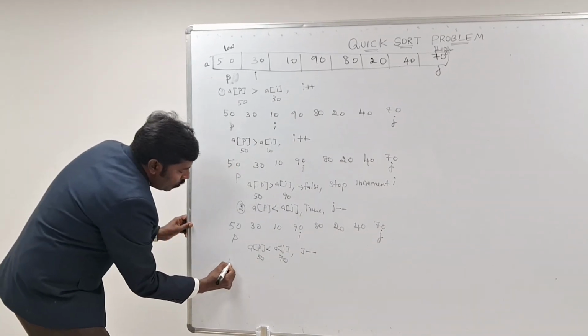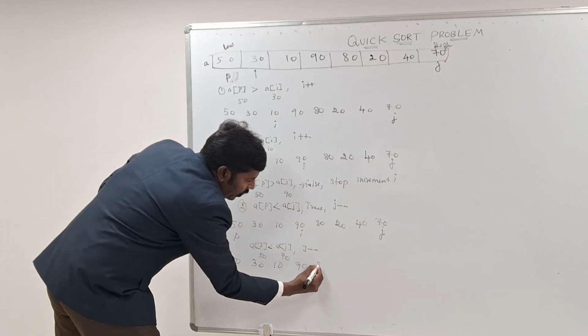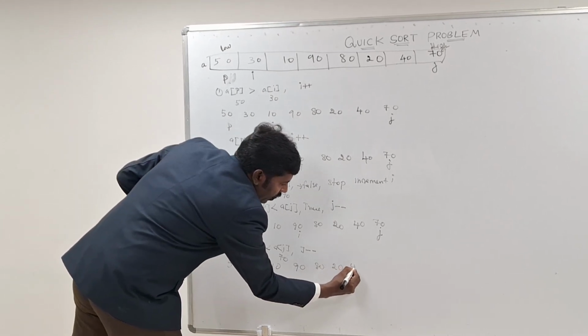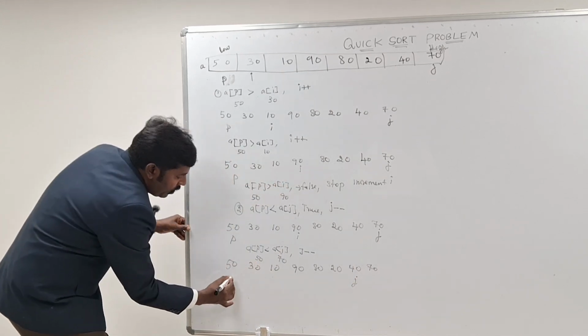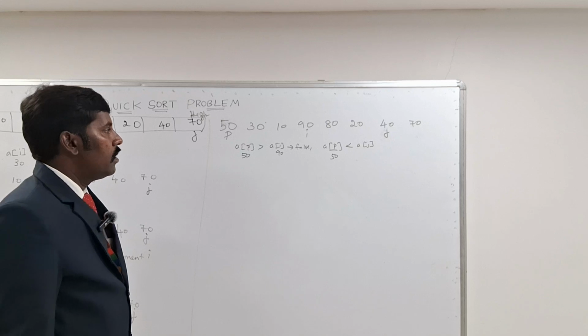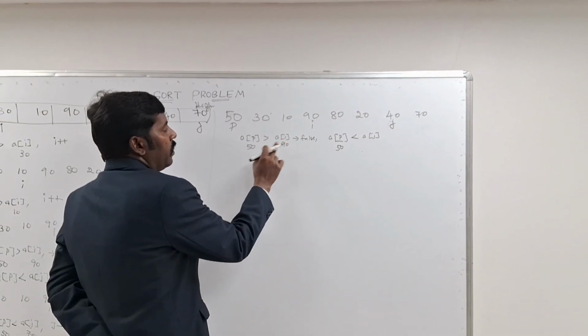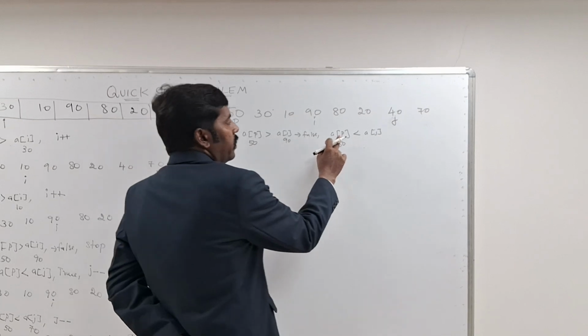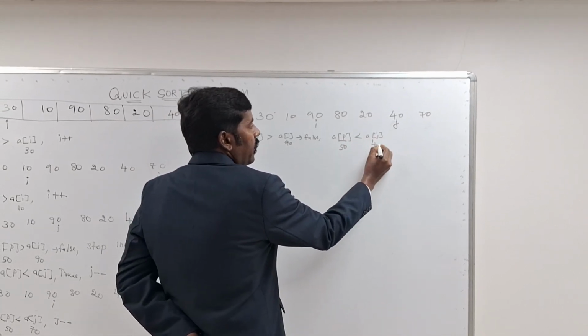J moves to 40: 50, 30, 10, 90, 80, 20, 40, then 70. Here, check A of P greater than A of I, 50 and 30, the condition is false. Then check A of P less than A of J, 50 and 40, the condition is also false.